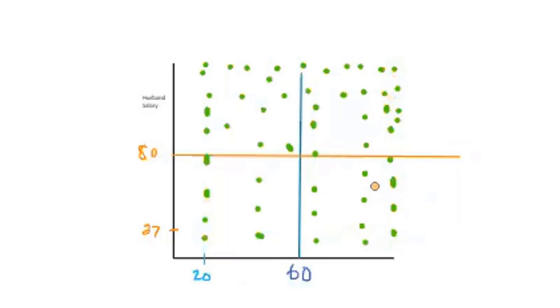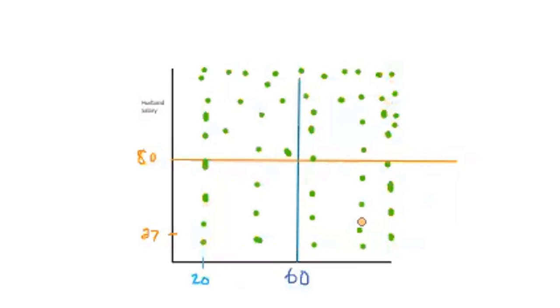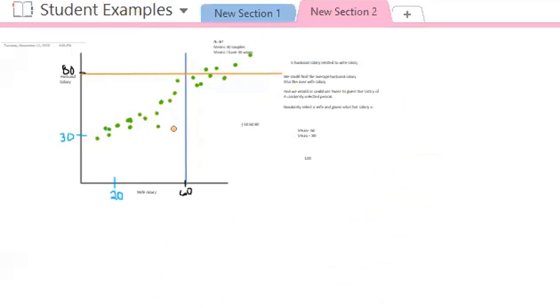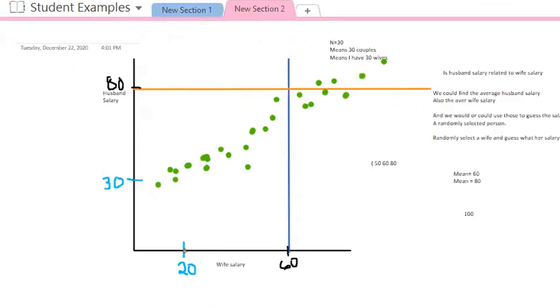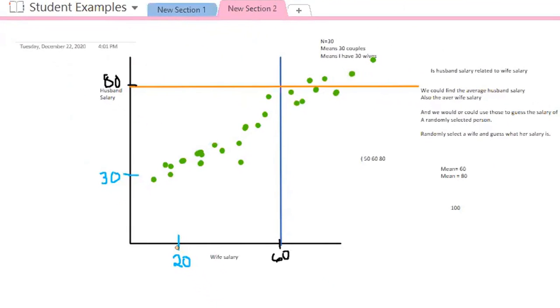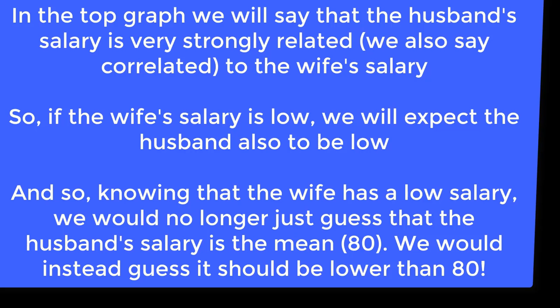This data doesn't say anything about how to improve my guess. But here it definitely does. If the wife's salary is 20, the spread is only like from here to here. So right in the middle of that might be about 30. So I wouldn't guess 80 in this case.